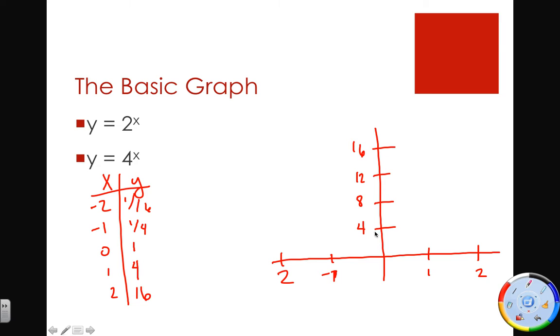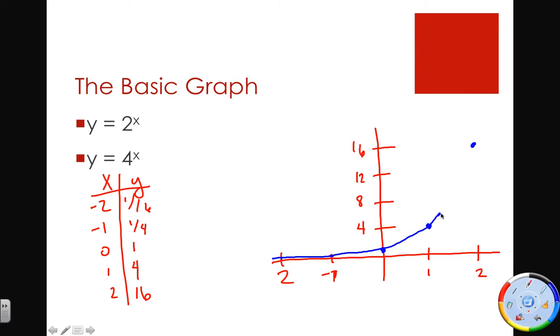All right, see how easy this is, especially for the basic functions. You guys shouldn't have any problems graphing these particular functions. There's 0, 1, 1, 4, 2, 16, and then a fourth, then a 16th. Obviously, you get so close to the x-axis, it's hard to graph.